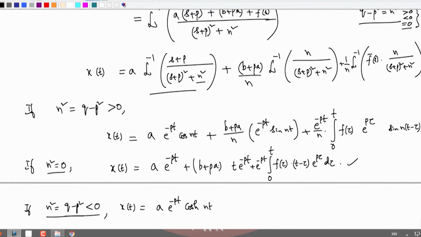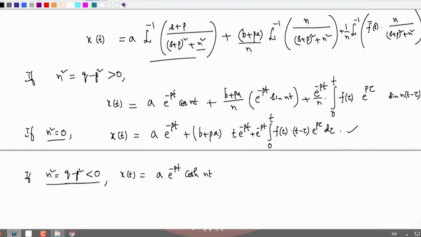If you write like that, so minus n square, but I multiply and divide only with the n, so here you get a negative sign.